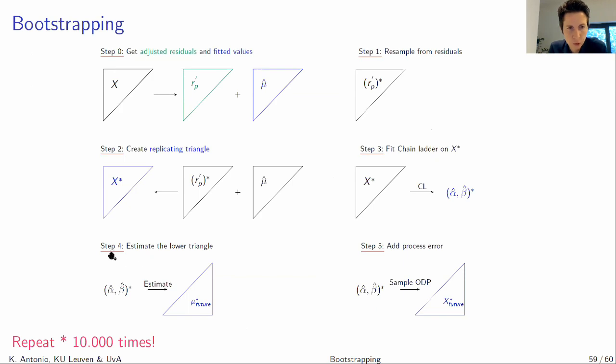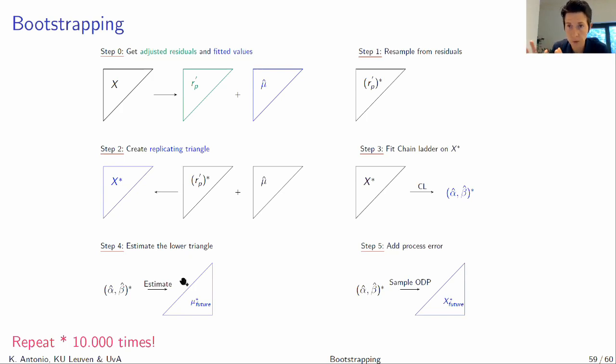But if you would end in step 4, then you only made an estimate for the mean of the cell. You've got a value for mu star for each cell in the future, right? And if you repeat the process, you can do that 10,000 times, etc. But you only have an estimate for the mean value, for the best estimate.